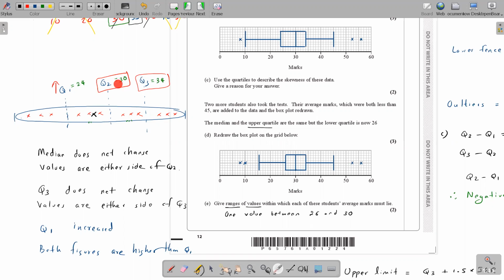Now the other value, to keep the median in balance, should be introduced on the other side. On the other side there are two places to put it: either between Q2 and Q3, or between Q3 and the highest value. If you put it over here, the median will be balanced.